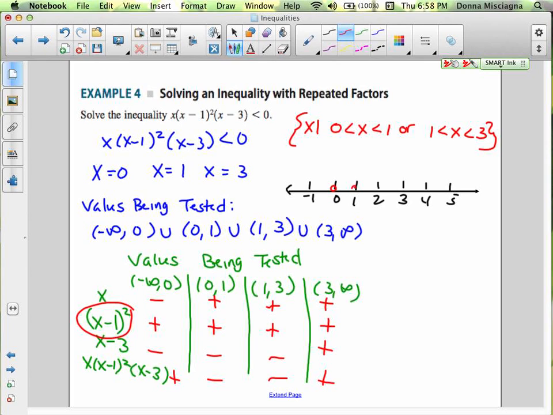We have an open circle at 1, because that's not included, and an open circle at 3, because these are all less than symbols, no equals. So we're not including the endpoints, and we're skipping over the value 1. We're sandwiched in between those values with an open circle at 0, 1, and 3.